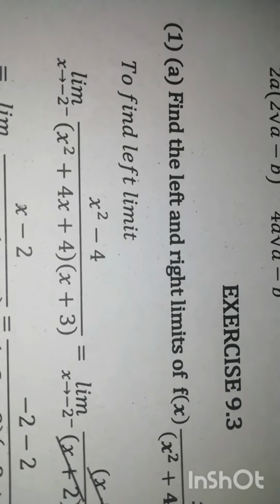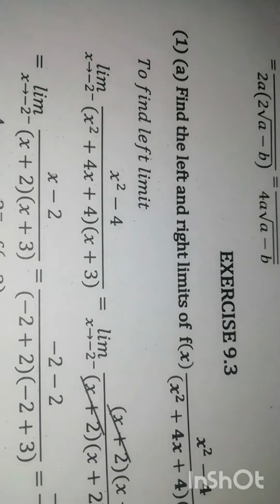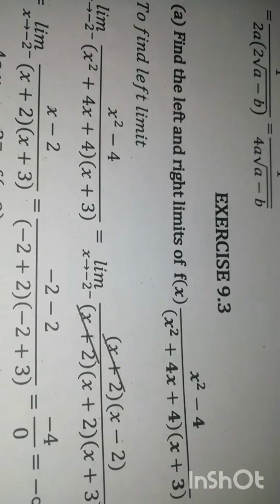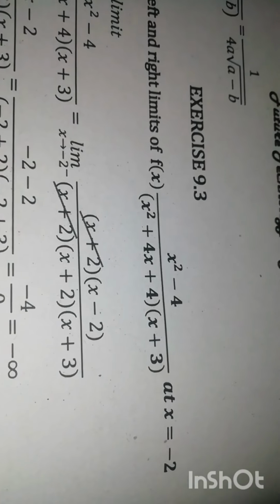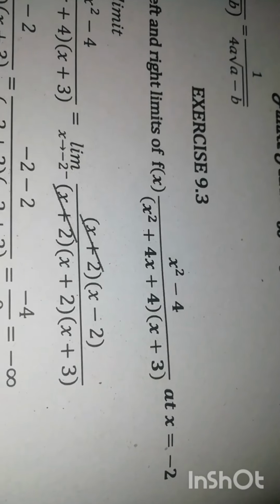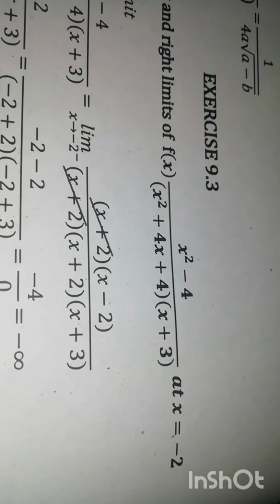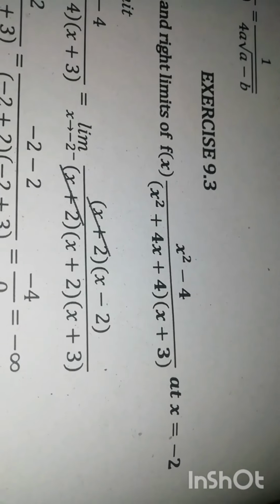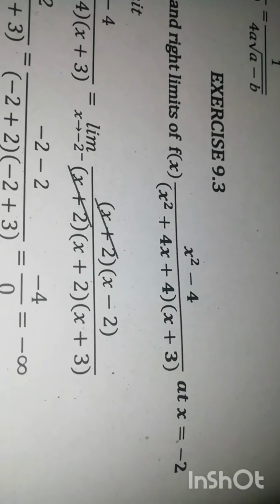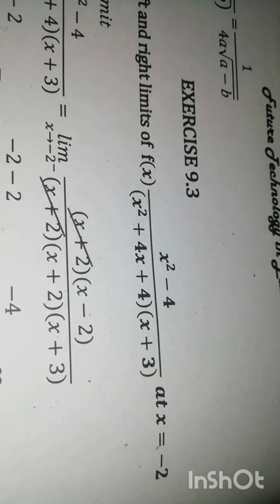See exercise 9.3. Find the left and right limits of these functions at x equal to minus 2. That means, at the function, x naught, as I already told you, here x naught is minus 2. You have to find the left and right limits.